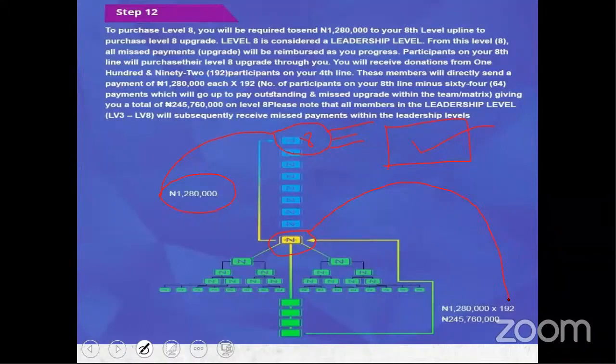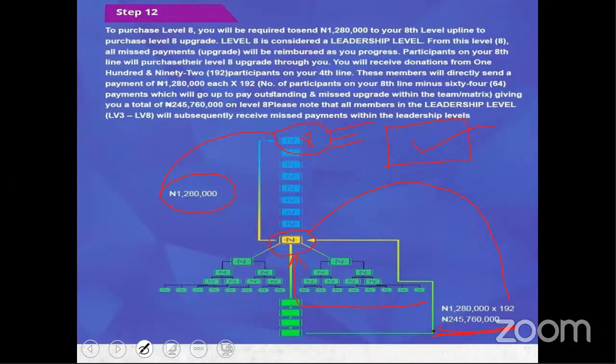192 people that have hit that same profit level, that have got to that level financially in Betaprofitss, not from their business outside, but from their Betaprofitss opportunity. The profits they've made here, 192 of them are now instructed to send you a total of 245,760,000 naira.